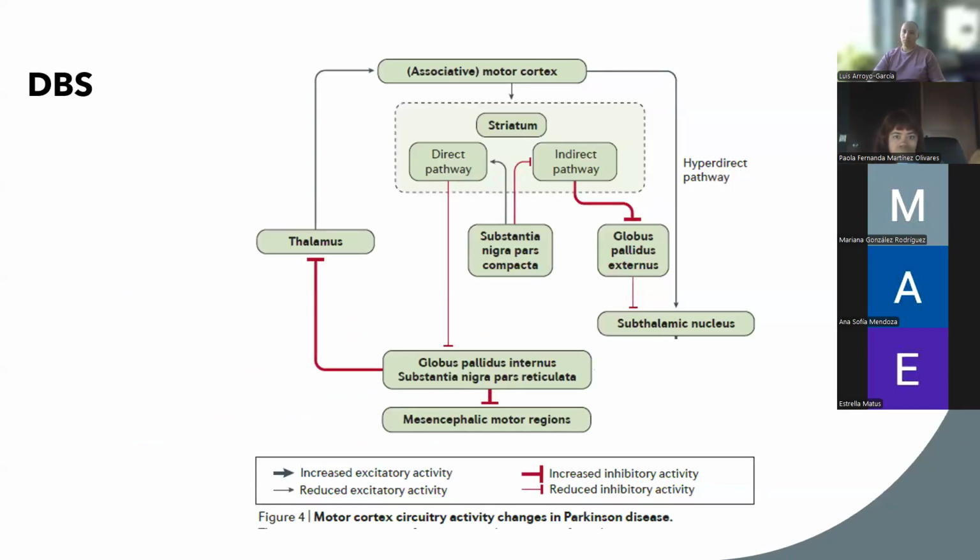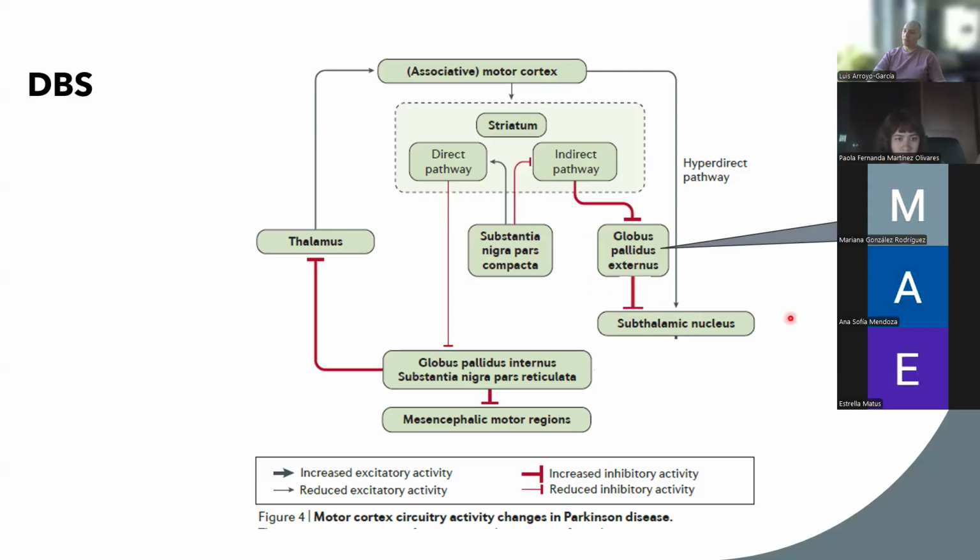So in DBS we place an electrode, and with this stimulus frequency we go to the globus pallidus, and for example, we don't have enough inhibition to the subthalamic nucleus, but when we activate it externally, then we have this activation.